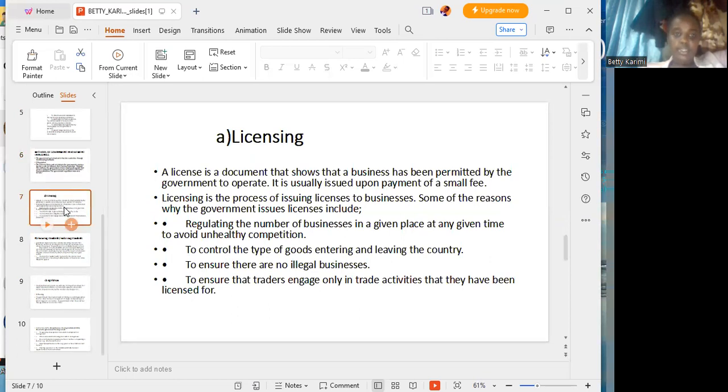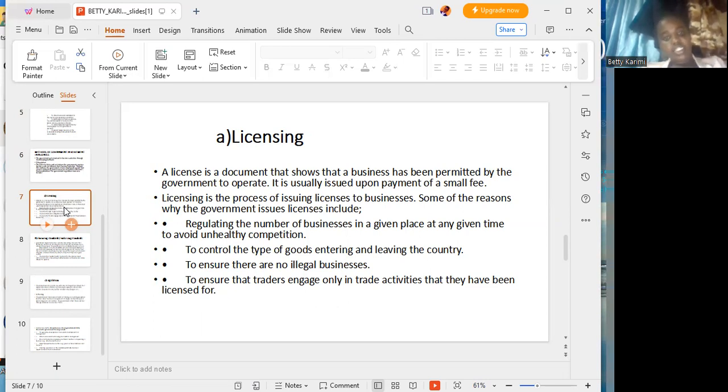Licensing, and let's check what a license is. A license is a document that shows that a business has been permitted by the government to operate, and it's usually issued upon payment of a small fee.